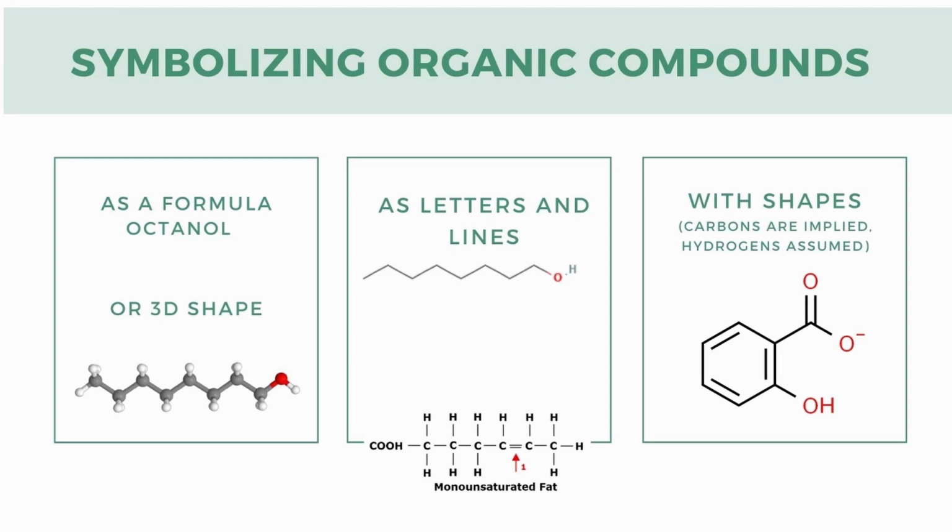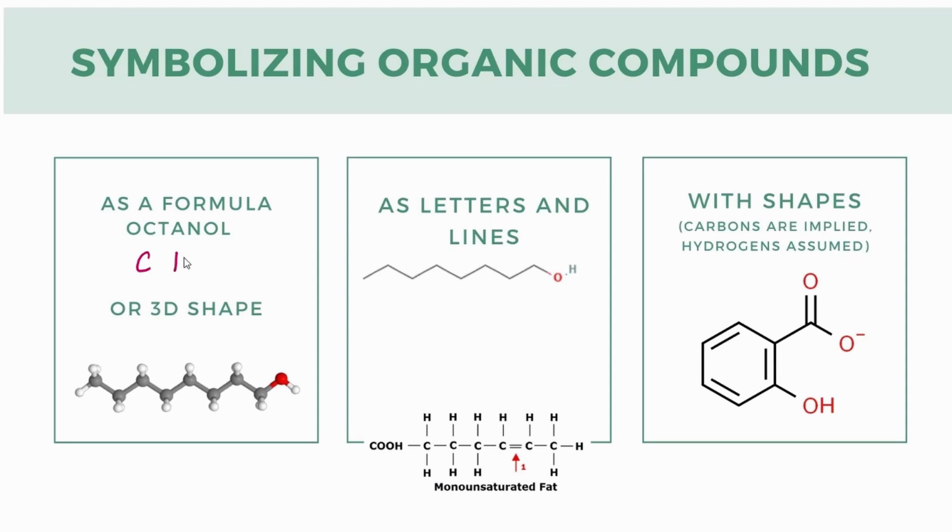One thing about formulas is that they don't give us any information about the shape, and that may matter as far as a compound being bioactive or bioavailable in the body, because differently shaped compounds can do different things. But if you want to know the very basics, the formula is a good place to start. We'll stick with octanol because that one's really simple.